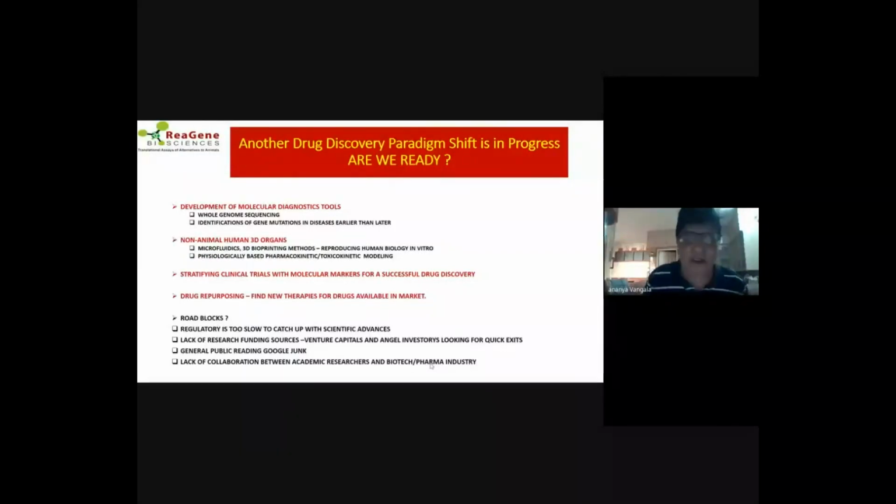So there's already a couple of companies, especially Emulate, a company from New York, working with FDA with some of their liver 3D models. So regulatory is also looking for these models, whether they can mandate these models more than the animal models.